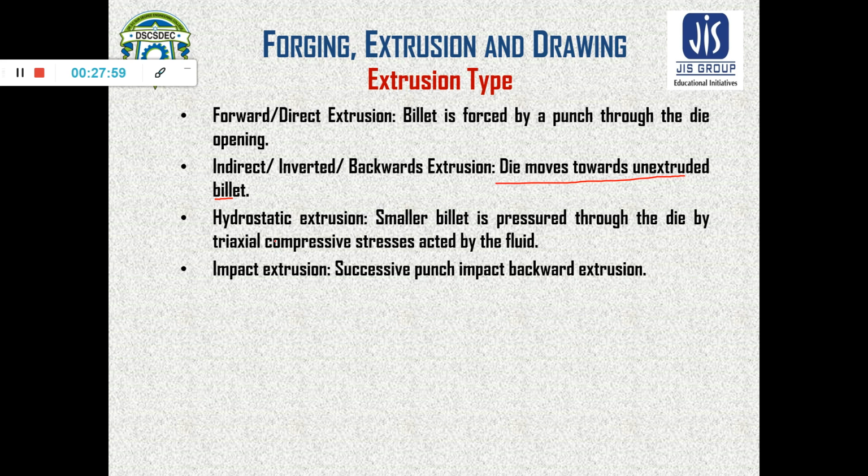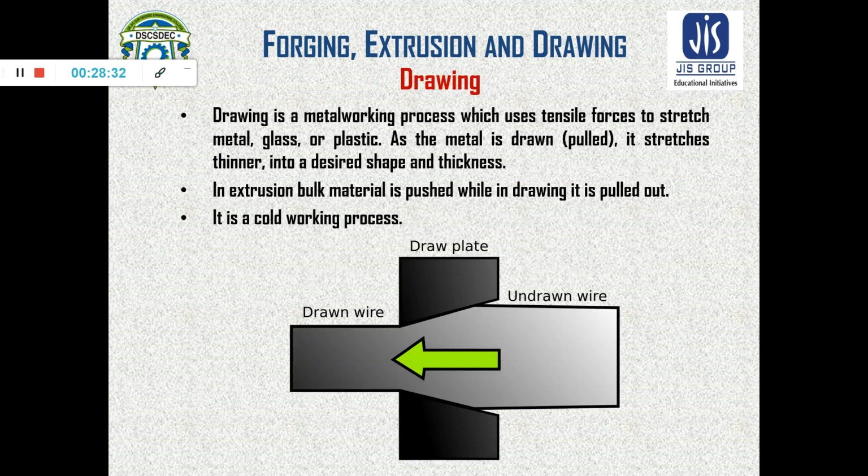In case of impact extrusion, the force is not given gradually, as in backward extrusion. The force on the ram is given by successive blows or successive hammering, by which the extrusion can happen. This process is known as impact extrusion.